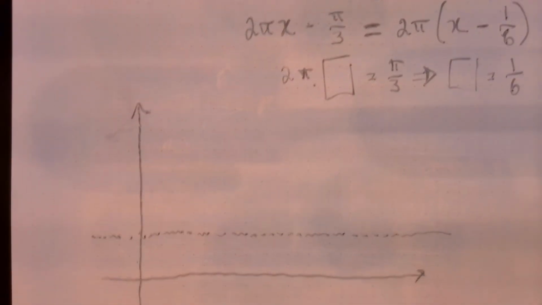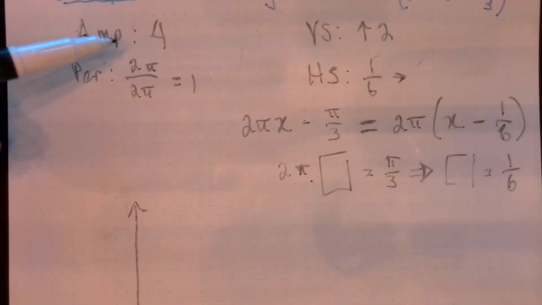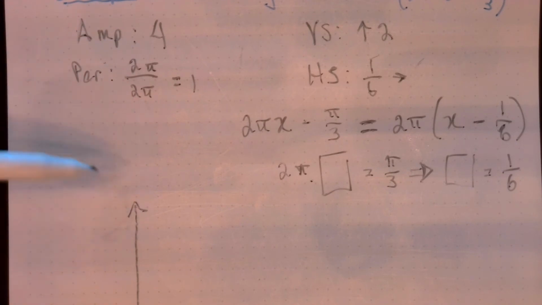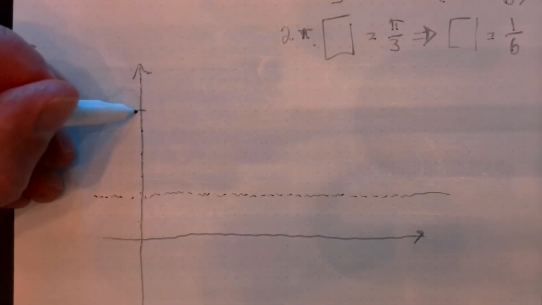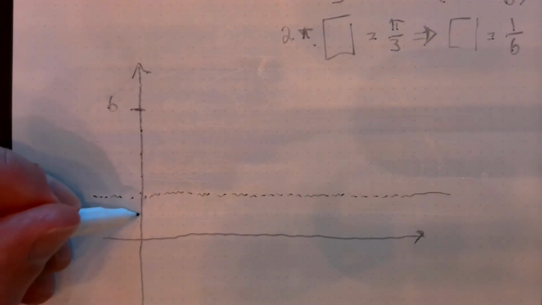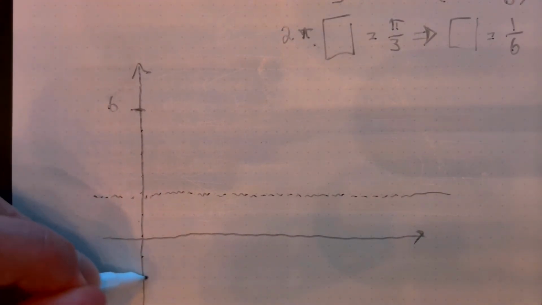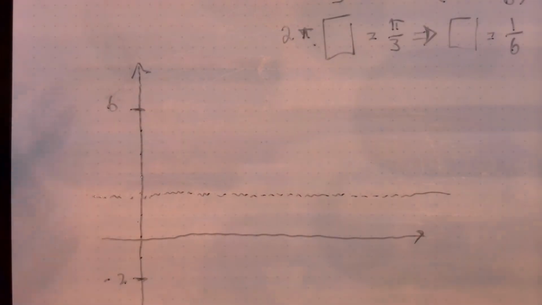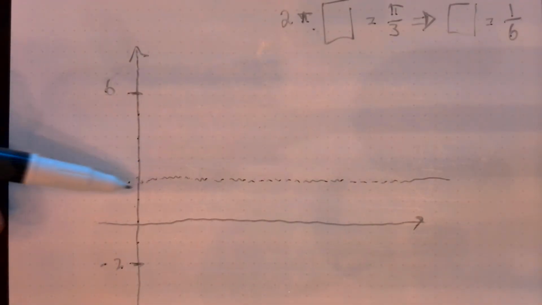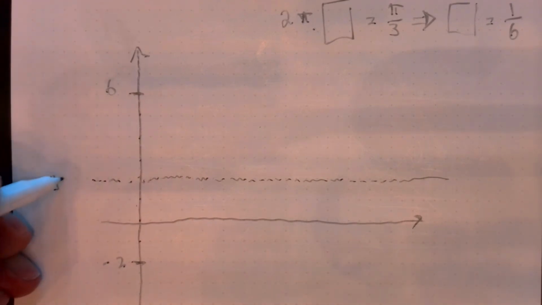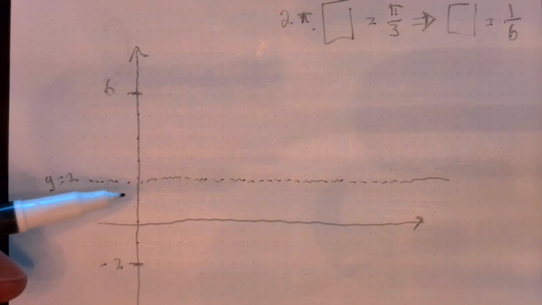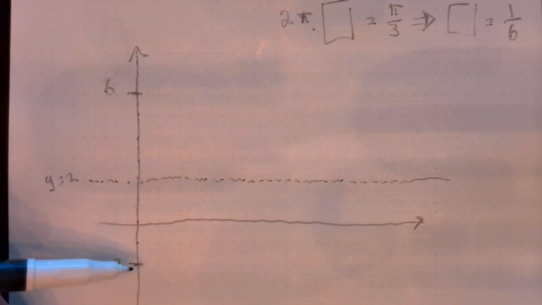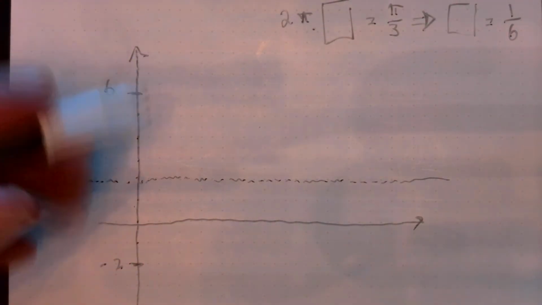Okay, there's my midline. Now I'm allowed to go 4 units above or below this midline. 1, 2, 3, 4. So my max height will be 6. 1, 2, 3, 4. Min -2. If you're starting out at 2 and you go 4 units above, you're at a max height of 6. If you go 4 units below, you're bottoming out at -2.